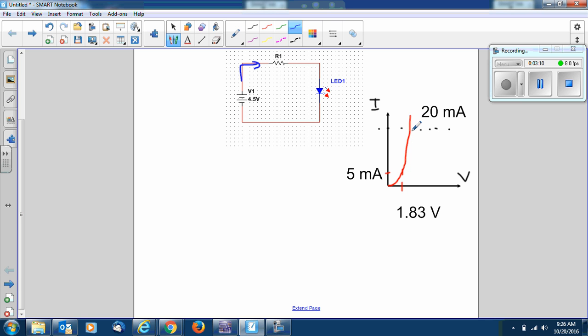But if I pick 20 milliamps and I put in exactly that resistor, I will have the maximum allowed current flowing through my circuit, and everything will be just fine as long as I don't decrease my resistance any further. So here's my current equals 20 milliamps.